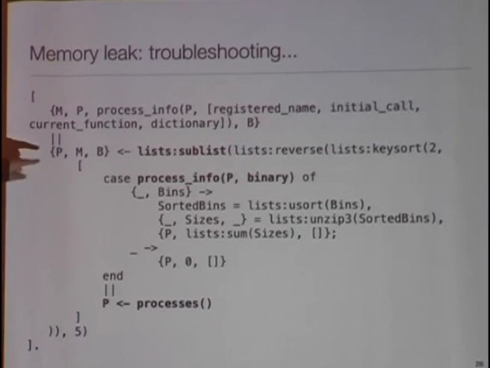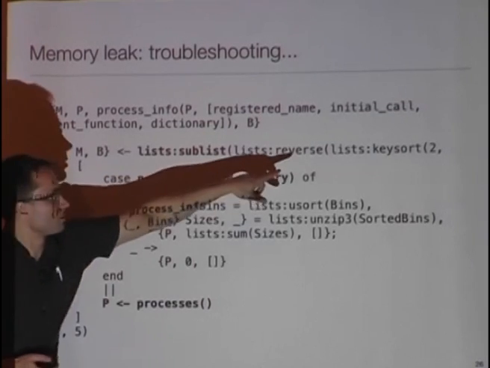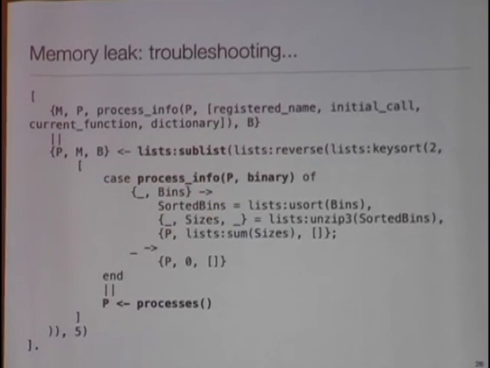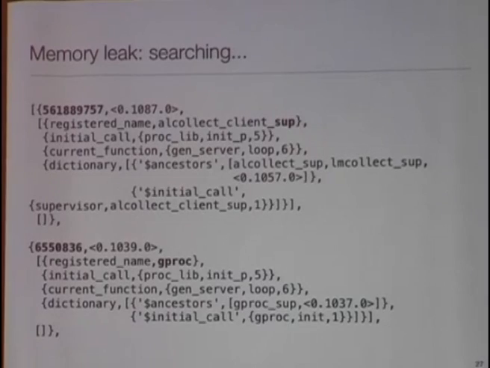And then it sorts the results, trying to find the top holders of binary references out of all processes. And that takes a sublist of five of them. And as a result, you see things like that.